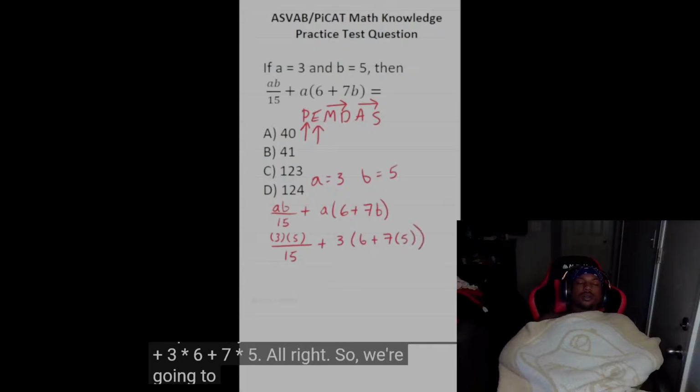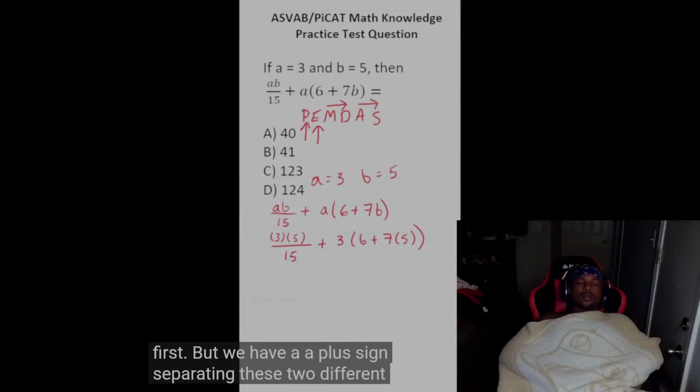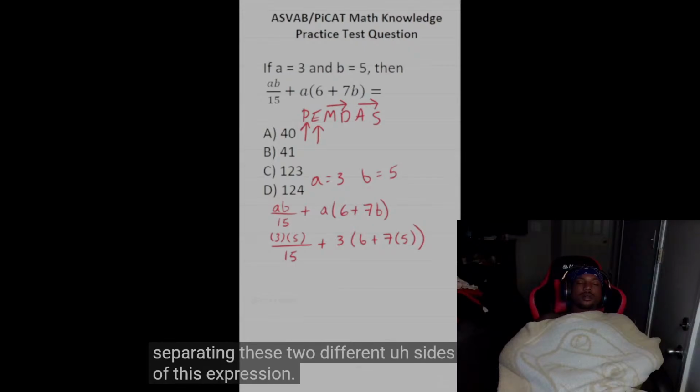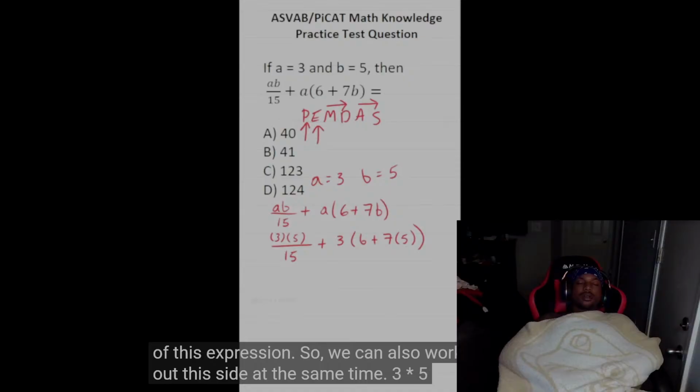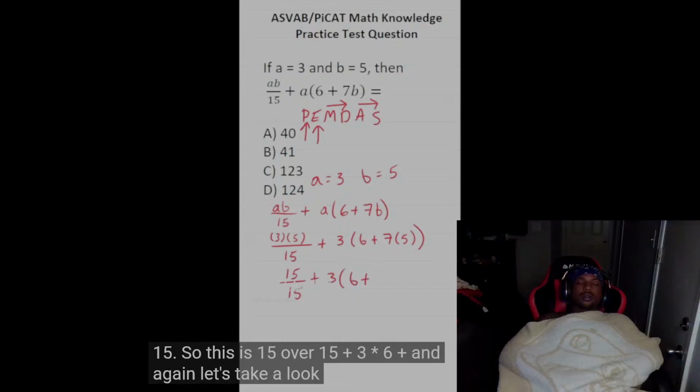All right, so we're going to solve what's in parentheses first, but we have a plus sign separating these two different sides of this expression, so we can also work out this side at the same time. 3 times 5 is 15, so this is 15 over 15 plus 3 times (6 plus, and again, let's take a look here.